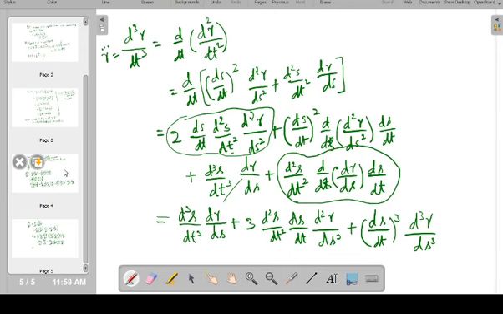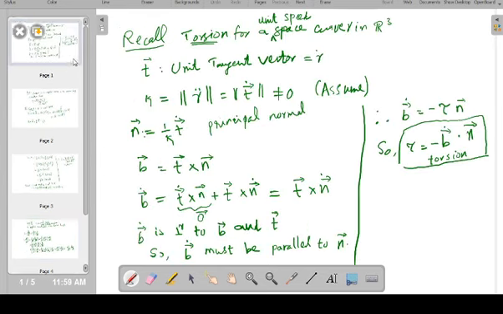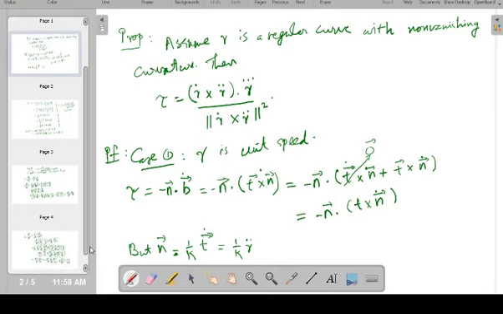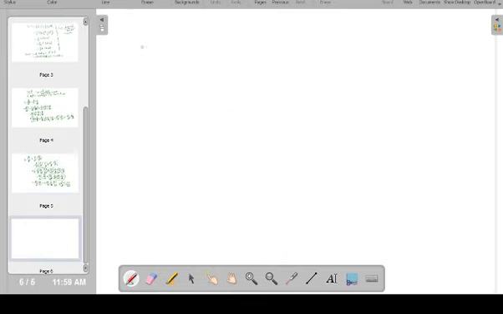and in the previous slide this is my gamma double dot, and this is my gamma dot. Now what is our formula? Let us find gamma dot cross gamma double dot.